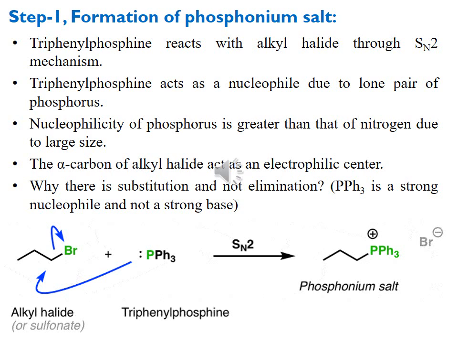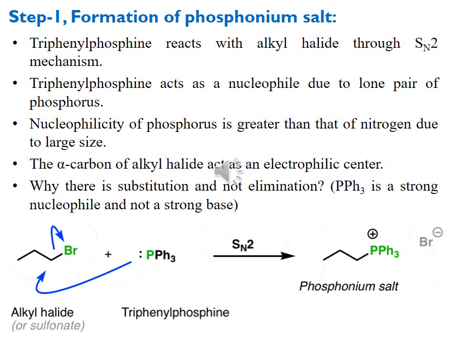But in the case of a base, there should be a small size which can easily attack the hydrogen and easily remove it in the form of an H plus ion. So as triphenylphosphine is a strong nucleophile, it prefers to attack the alpha carbon of the alkyl halide instead of the beta hydrogen.